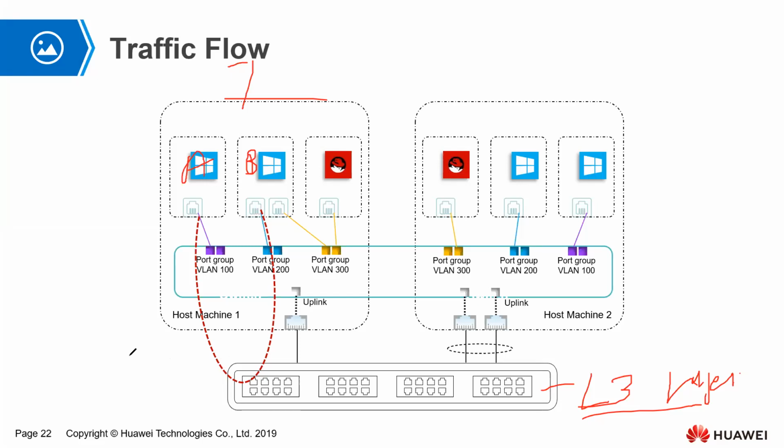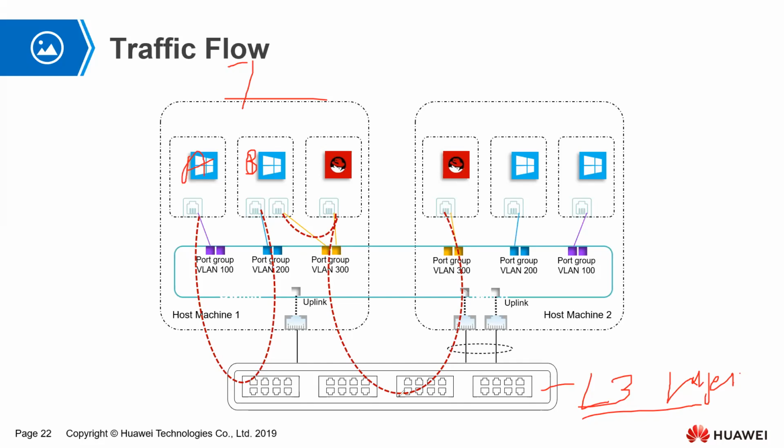Let me also play another illustration here. You see now this one does not need to go through because they are both on the same port group, same VLAN. So it would send the packets directly to this virtual machine. Now if this virtual machine wants to communicate with another virtual machine on host machine 2, it will have to send the packets through this layer 3 device, but they are not routed.